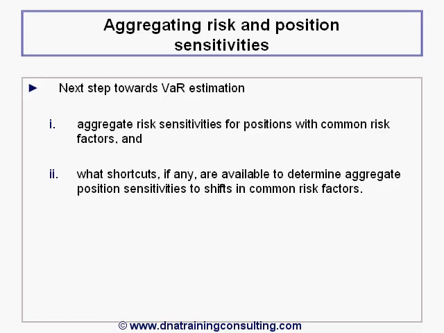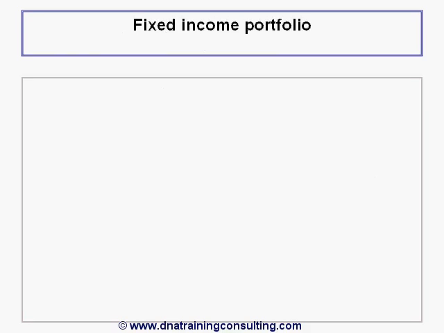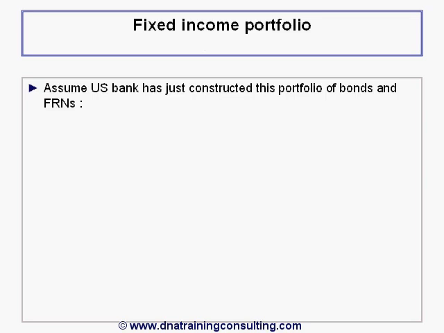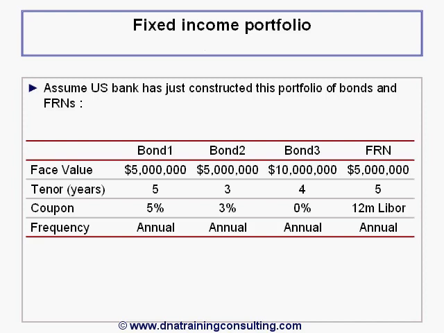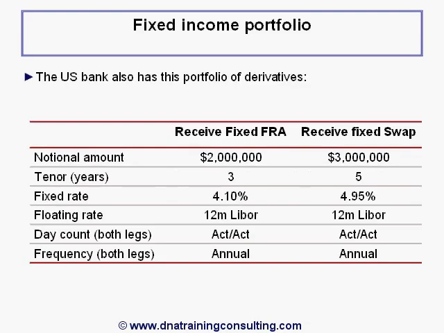We therefore return to the fixed income arena and assume that the U.S. Bank has just constructed this portfolio of bonds and FRNs that you see here, and that the U.S. Bank has also constructed this portfolio of derivatives that you see here.